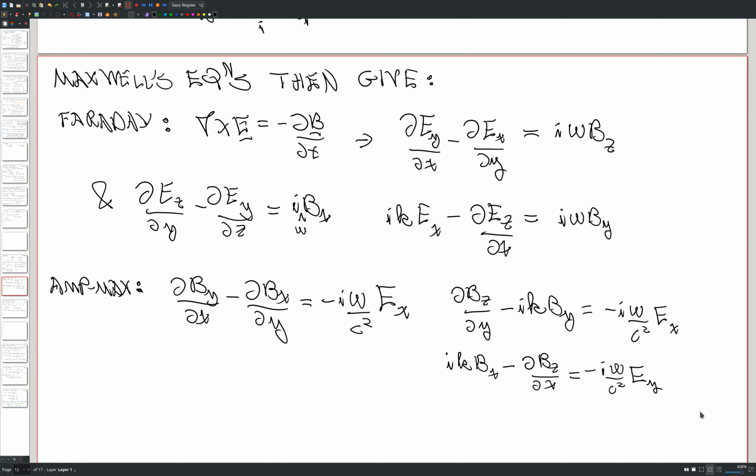So how do we solve that? Maybe let's just give some numbers to the equations: 1, 2, 3, 4, 5, 6. So it's a bit of a mess. Yeah, question.